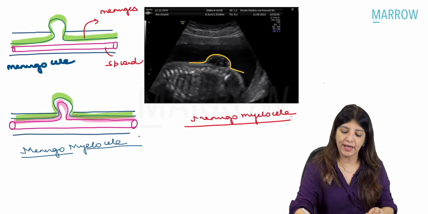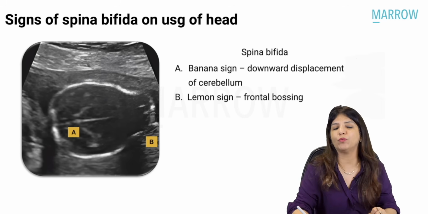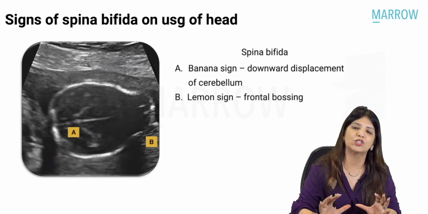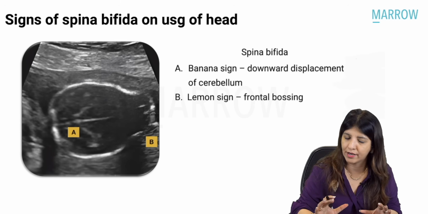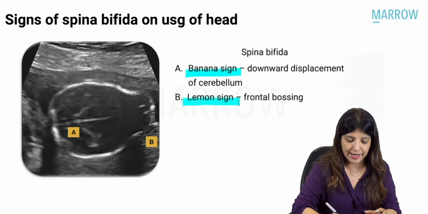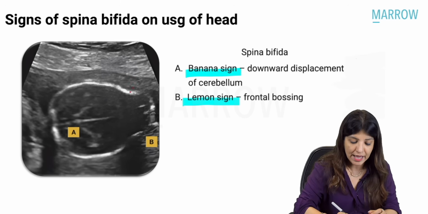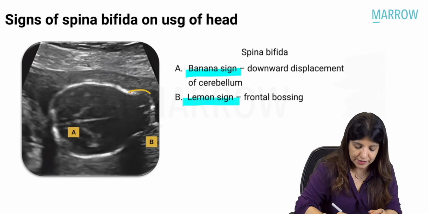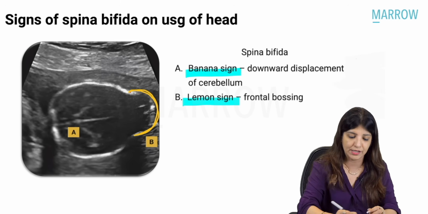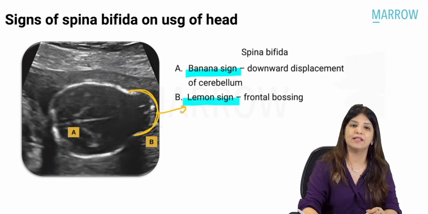Right? Now, in case of spina bifida, when you are doing ultrasound of the head, you get two other signs on ultrasound of the head. They are called banana sign and lemon sign. What is lemon sign? Lemon sign is the frontal bossing. So if you see bossing of the frontal bones like this, that is what is called lemon sign.